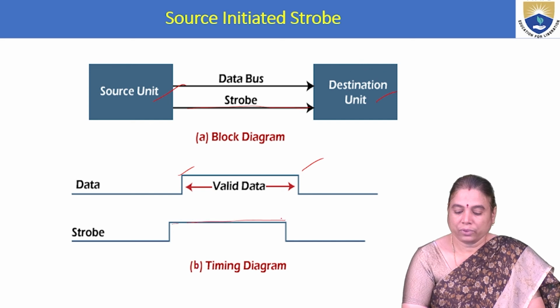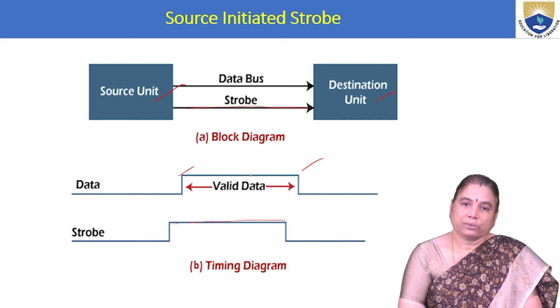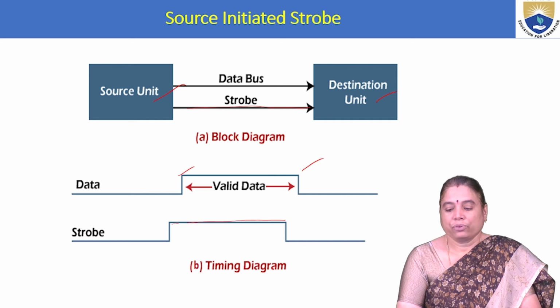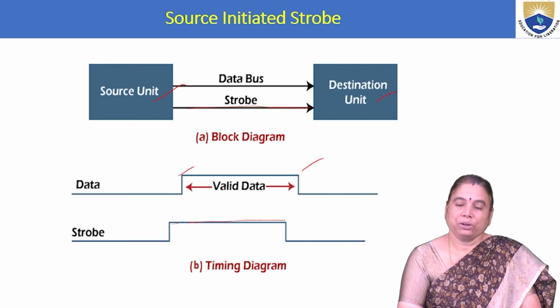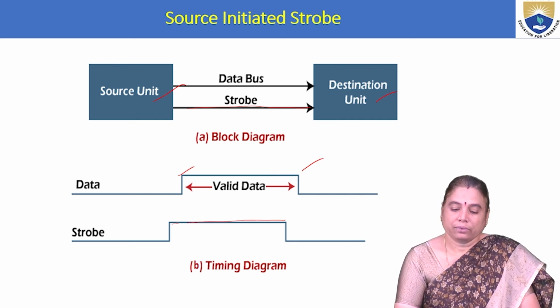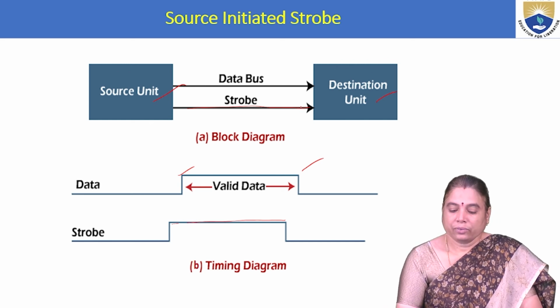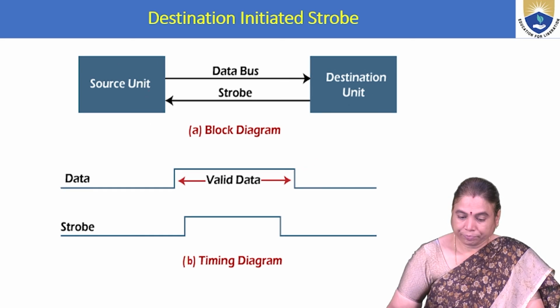This is the strobe signal. During the strobe pulse only, the data transfer can take place between source unit and the destination unit. That is referred to as source initiated strobe. The source unit initiates the strobe signal.